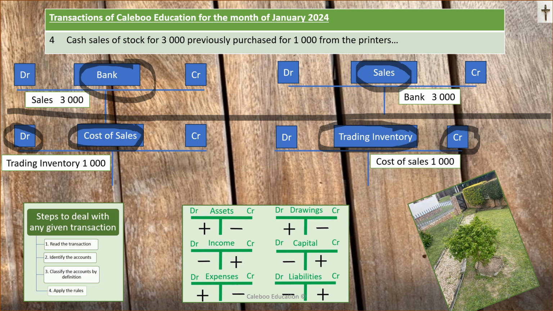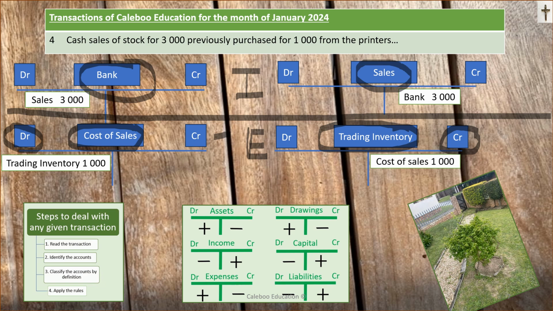Now, this is quite interesting because after every sale, or if we only had this one sale, we could calculate the gross profit. Gross profit is calculated by income from sales minus expenses, the expense from the sale.